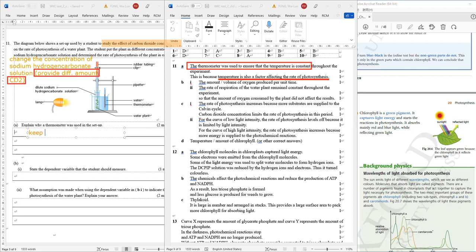Keep a constant water temperature, so that temperature would not be a factor to affect the rate of photosynthesis here.